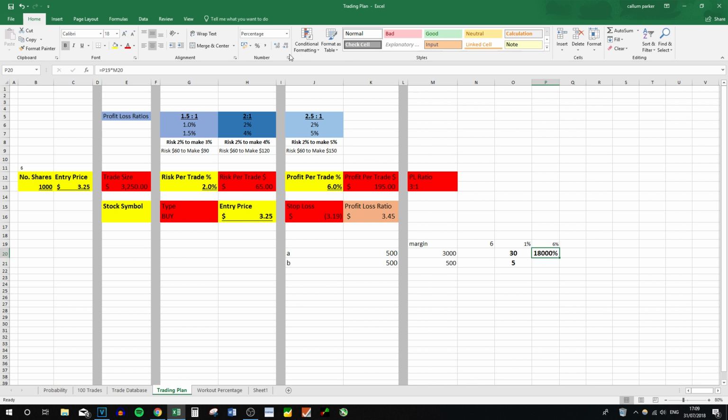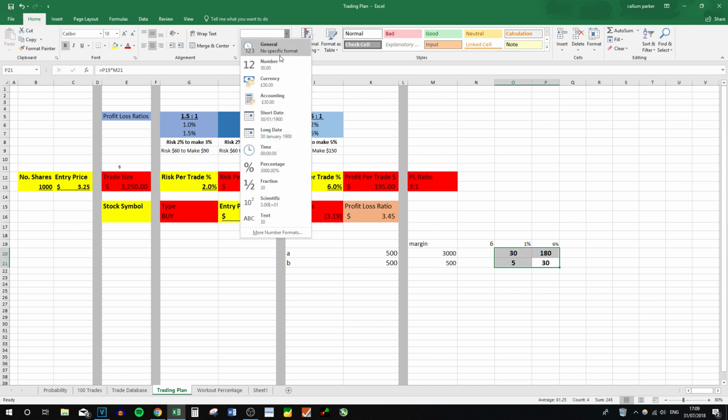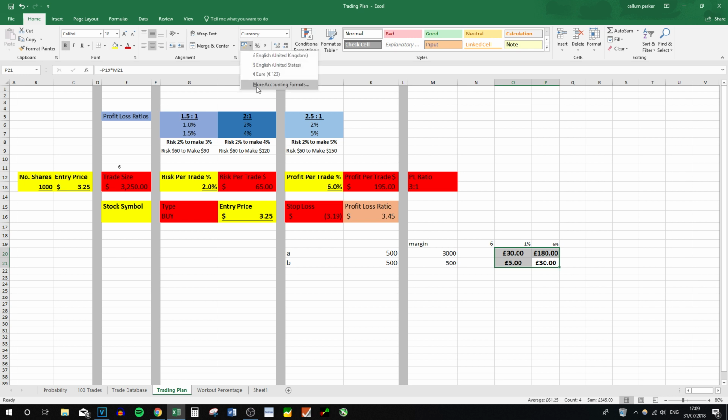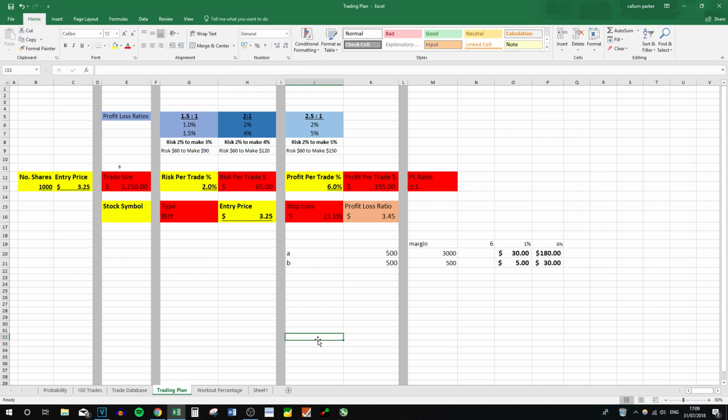That's on percentage, and if we go on, 6% times 500 is 30. These can be in dollars, so if we convert this to currency, United States. What we have here is person A and person B. Person A is using $500, but his margin allowance is 6-to-1, so he or she can use $3,000 on a trade. A 1% gain would give that person $30 profit.